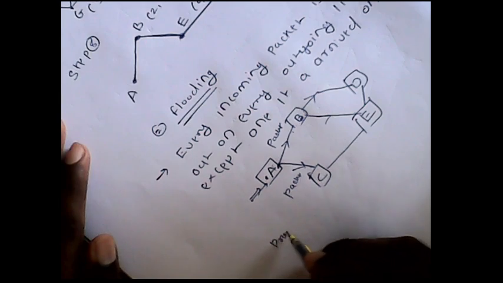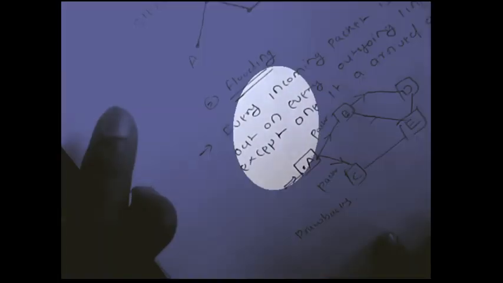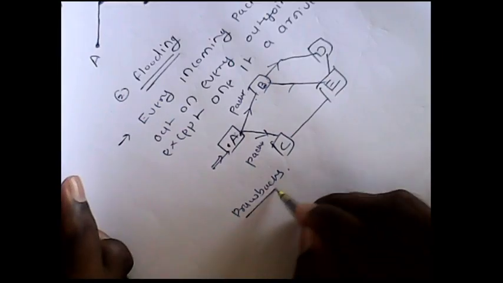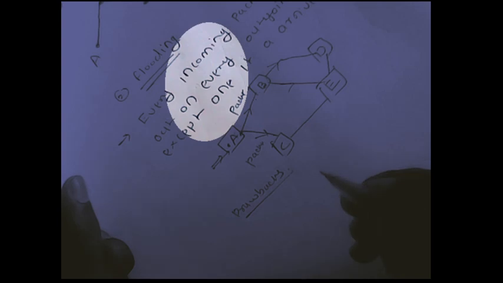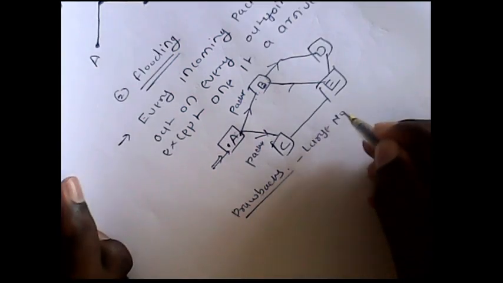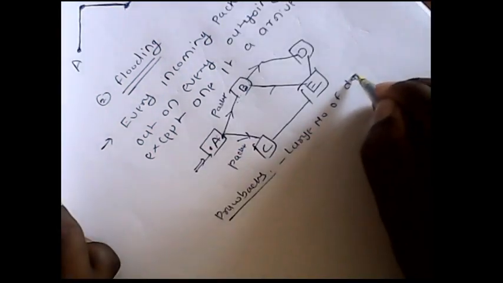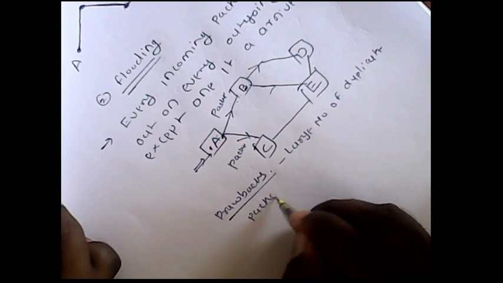So what are the drawbacks of flooding? The drawback is that a large number of duplicate packets are generated.